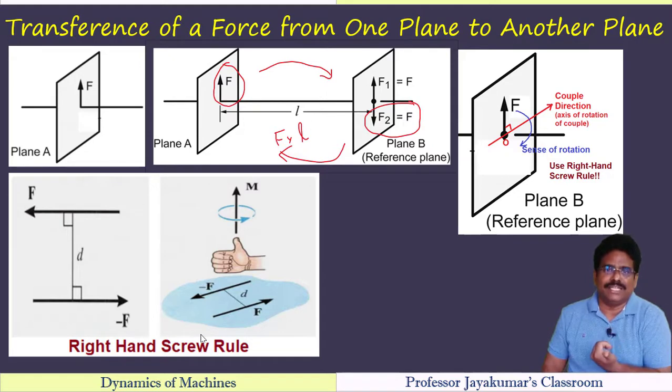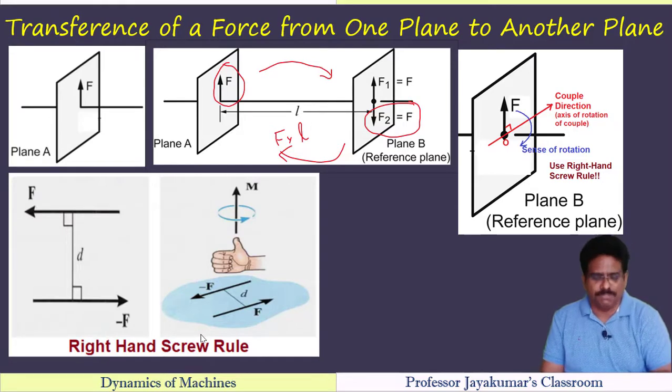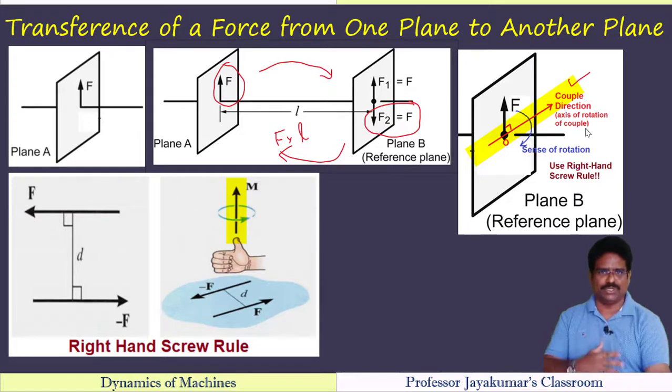So keep your finger there. The perpendicular direction of this thumb gives the direction of the couple vector. This direction is known as the axis of rotation of the couple. About that axis, it makes a clockwise couple. You can see that is shown in blue. That is known as the sense of rotation.